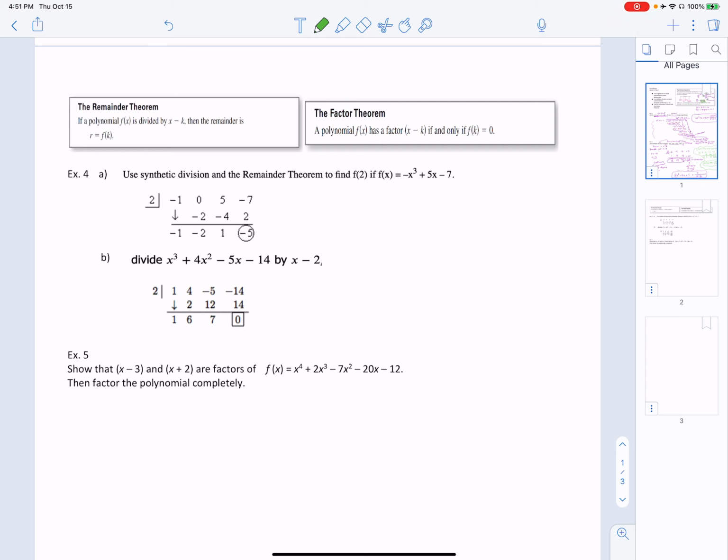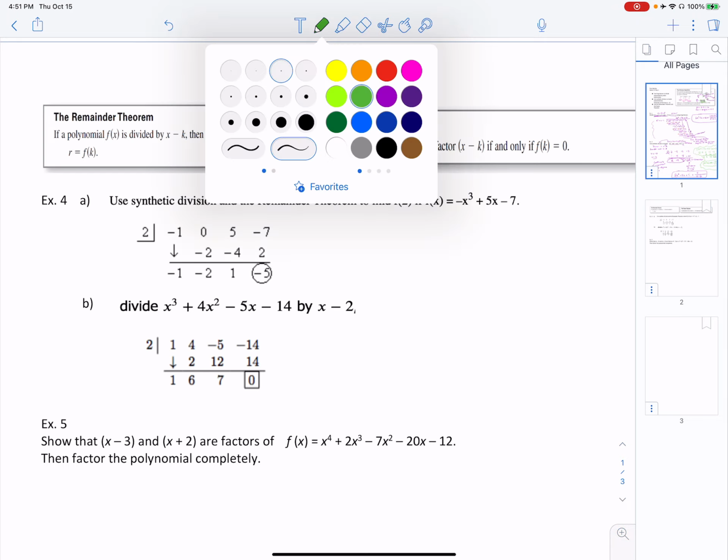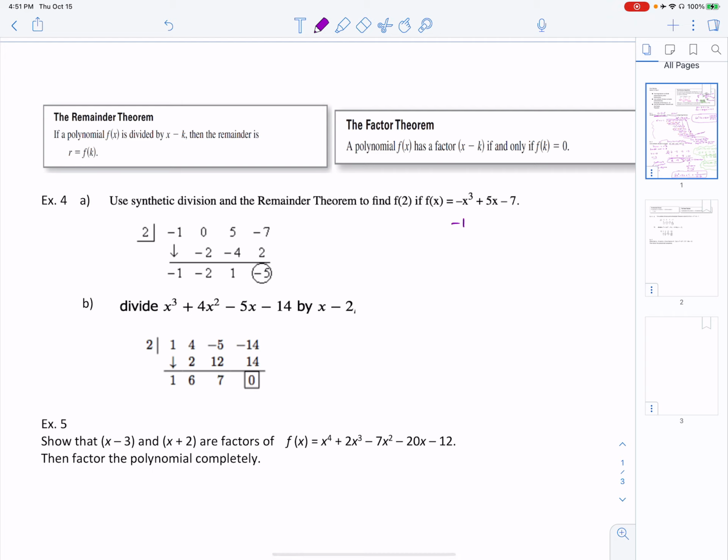All right, so the remainder and the factor theorem. Use synthetic division and the remainder theorem to find f of 2, given it's negative x cubed plus 5x minus 7. So notice what we're doing is synthetic division on this. And we've got the negative 1, the 0, the 5, and the negative 7 because we don't have an x squared. So we have to have that.